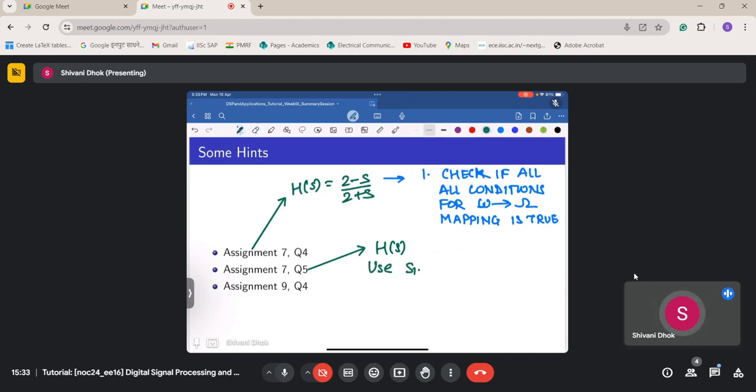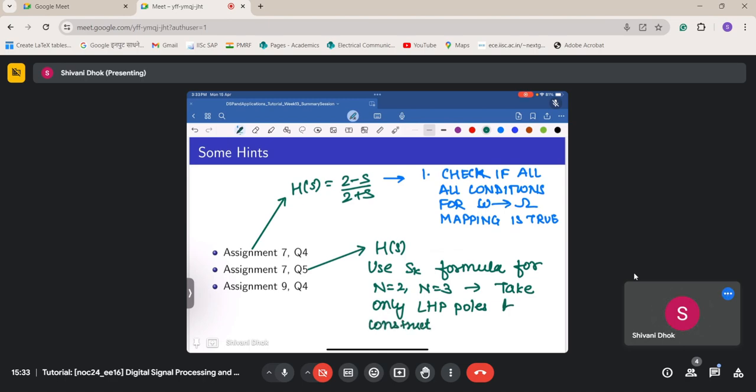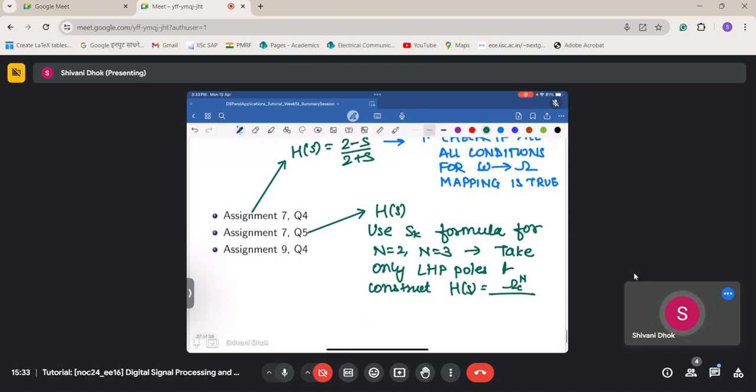Use the sk formula for n equal to 2, n equal to 3, then take only left hand plane and construct h of s as omega c to the power n divided by product of k equal to 0 to n minus 1 of s minus sk.